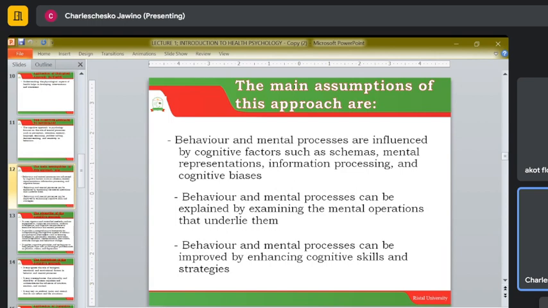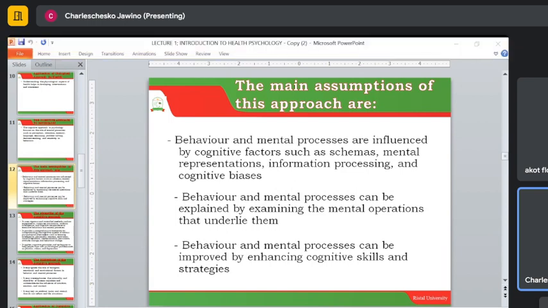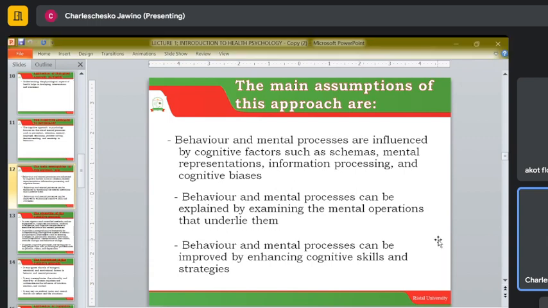We look at whether the way you have behaved has ever happened before, and whether it is connected to memory. Does it occur because you are remembering something? Does it occur because you are thinking of something? That's also an assumption of the cognitive approach. Another assumption is that behavior and mental processes can be improved by enhancing cognitive skills and strategies. That's also an assumption the cognitive approach takes.